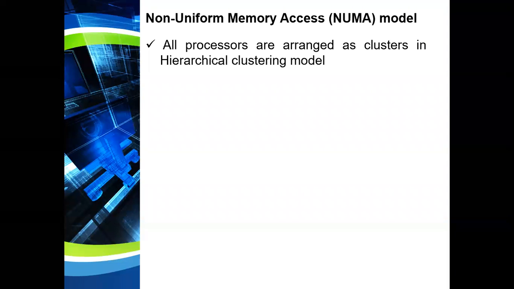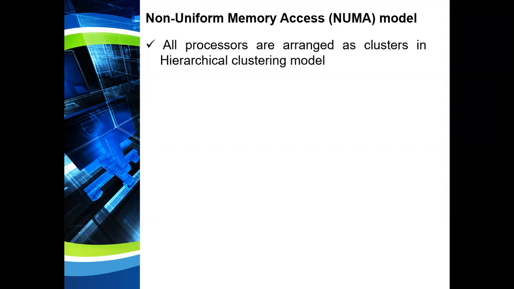So next we'll take the hierarchical clustering model. Under the hierarchical clustering model, it's the second variety of NUMA model. Under this model, all the processors are arranged as clusters. So what is the meaning of clustering?